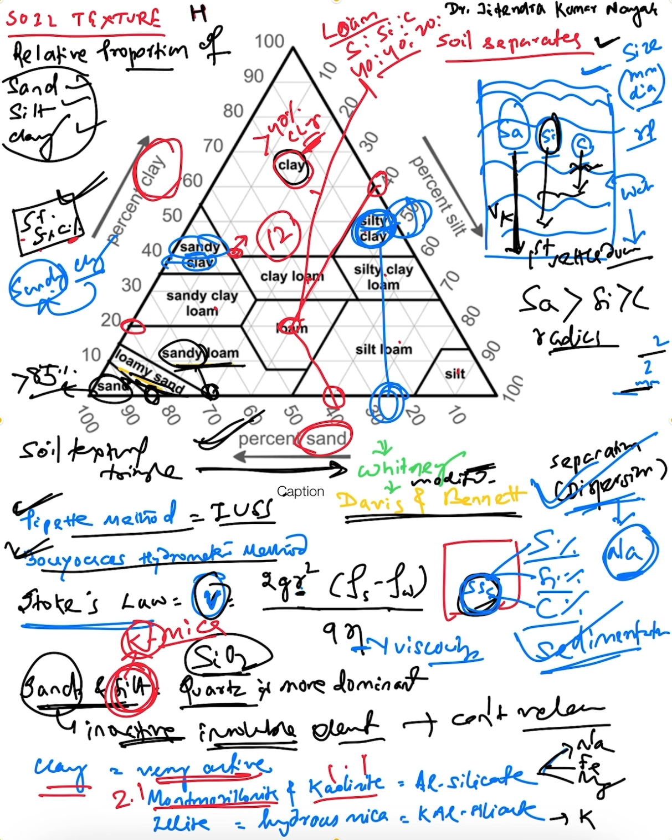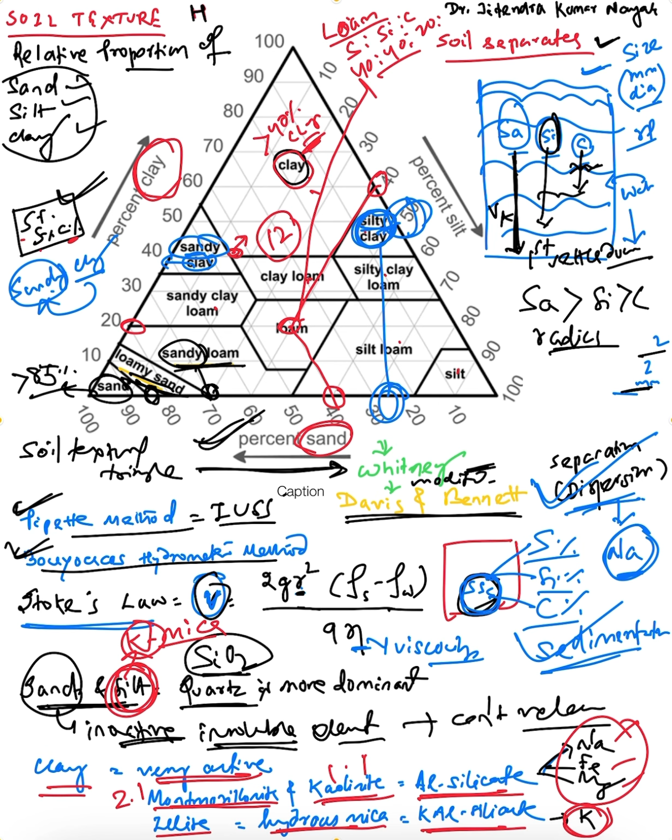These are aluminum silicate minerals, rich in sodium, iron, and magnesium, so they can release nutrients to the plant. Illite clay minerals are hydrous mica, potassium aluminum silicate, and also release an enormous amount of potassium. So this is what we have to consider for soil texture.